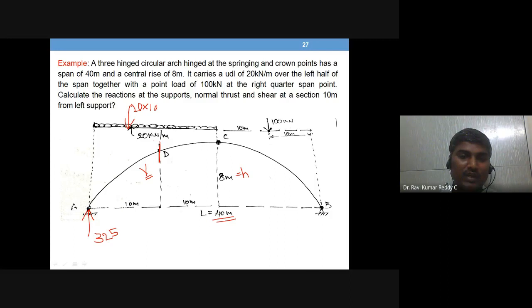Say if you cut this arch here, perpendicular to this you have a force called compression. That value is found, and the tangential force Q, that is found.